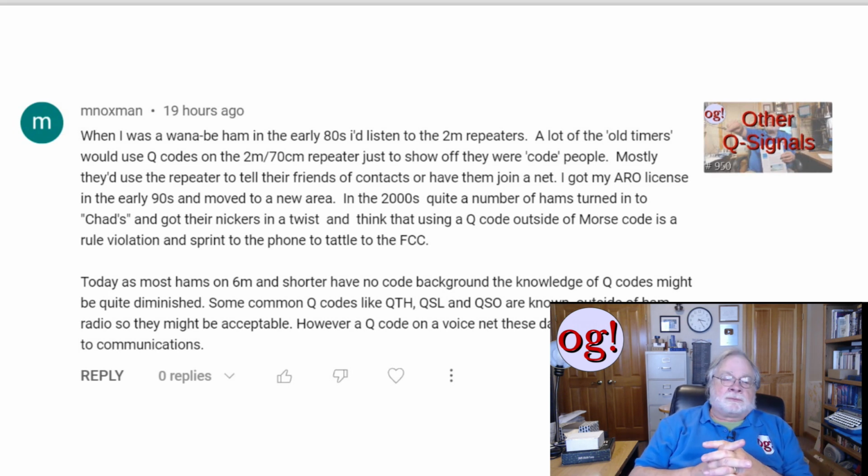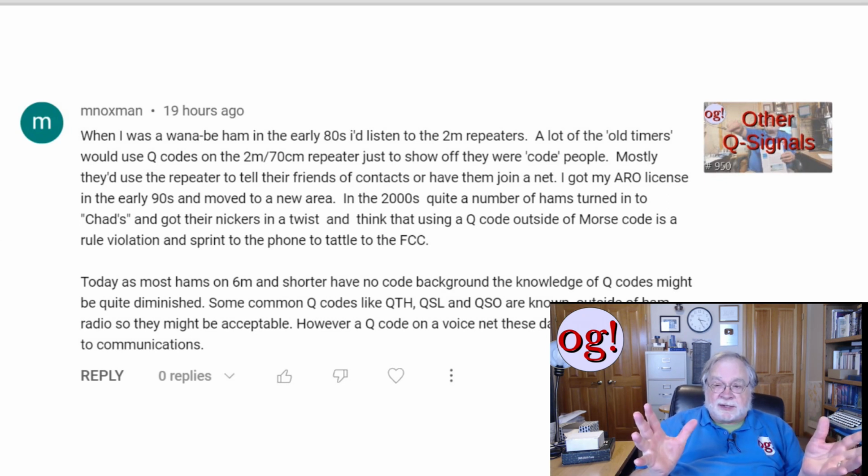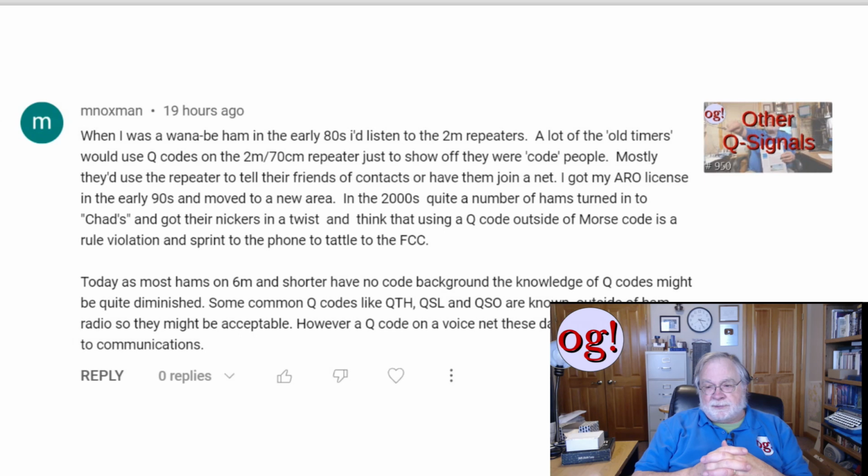So there's nothing wrong with using them. If you're talking to a new ham, you would try to avoid using it. I know in QST, which is a Q code by itself, QST is a general broadcast, the style guide for QST prohibits the use of Q codes in normal text.